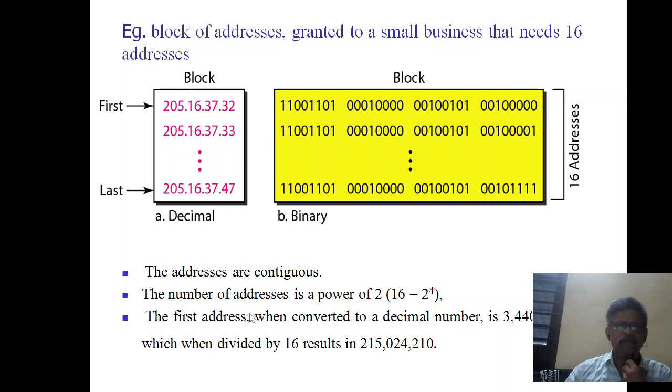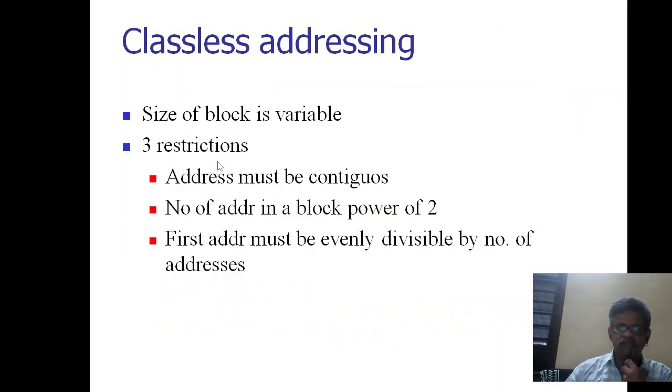The number of addresses is a power of 2, so 16 is a power of 2. The first address, when you convert to decimal, is this, and you divide it by 16. It goes into this number evenly. So 16 addresses. So these 3 we can verify. So these are the 3 restrictions, used with this variable n.